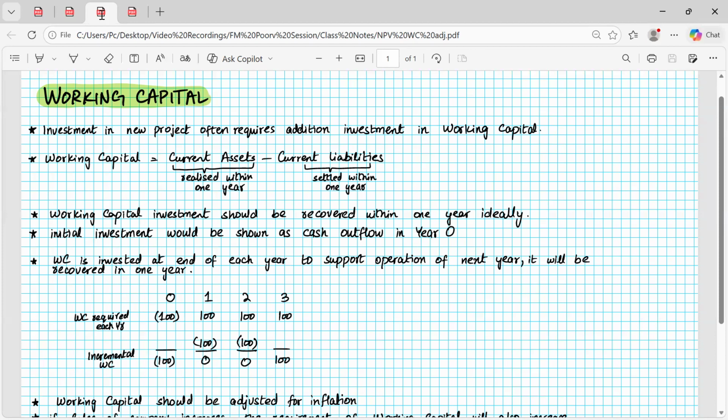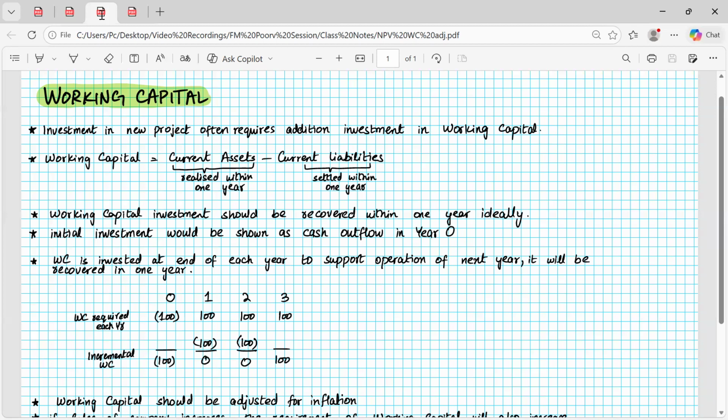So the additional investment that we make in the project to support the operations is known as working capital investment. Now, the working capital formula is current assets minus current liabilities. Current assets are those assets which are realized within 1 year.